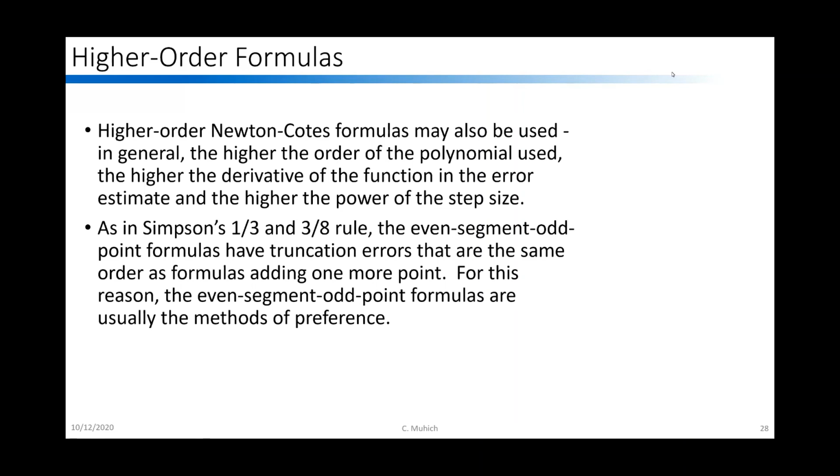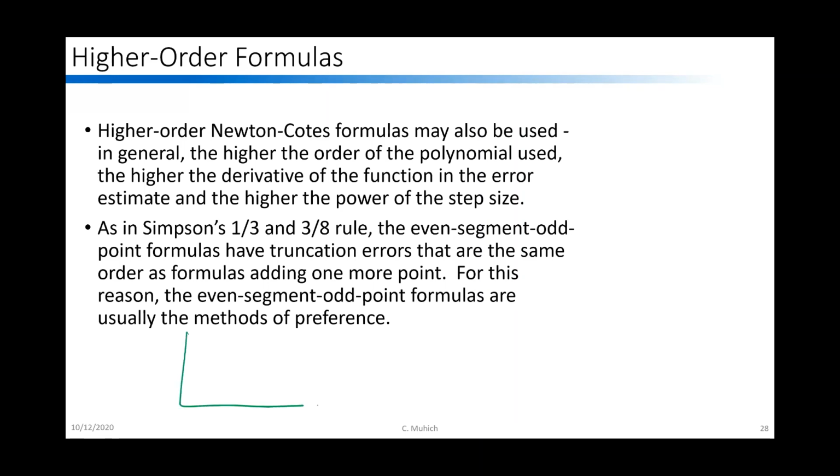I also want to comment on the truncation error and why we want to use what's called a closed form of the equation. If we have an even number of segments and an odd number of points, this has the same amount of error as if I had 1 additional point.